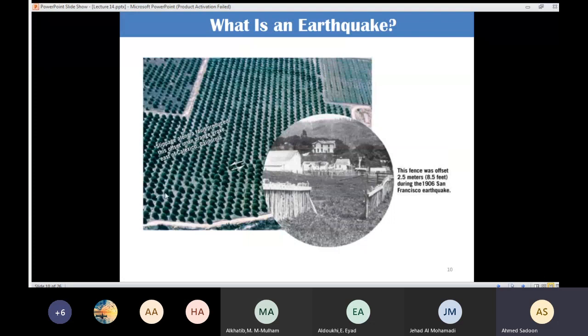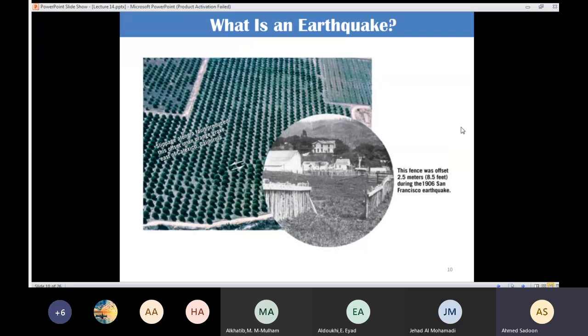It means that the strike slip took place in that direction, and as a result, the trees now are not in straight lines. So we could witness this phenomenon for different types of faults.